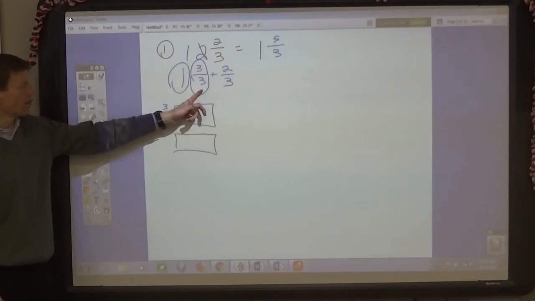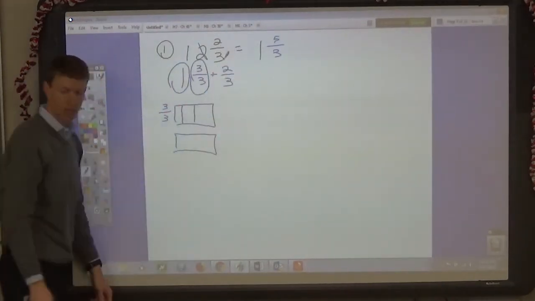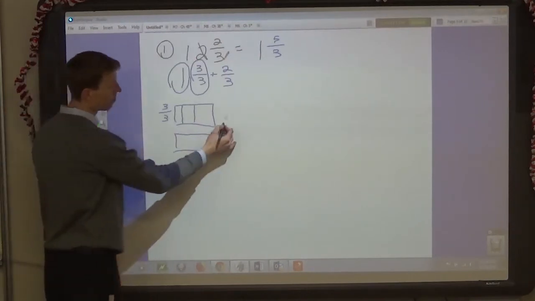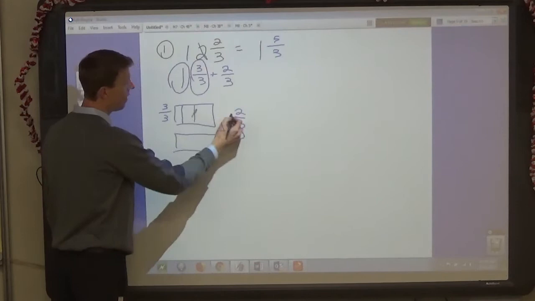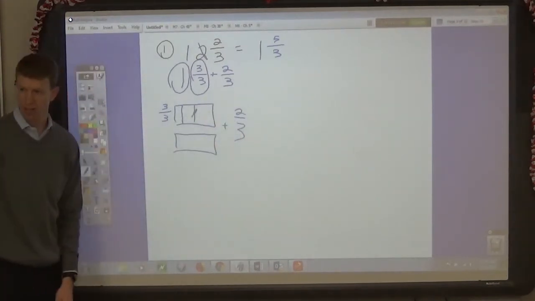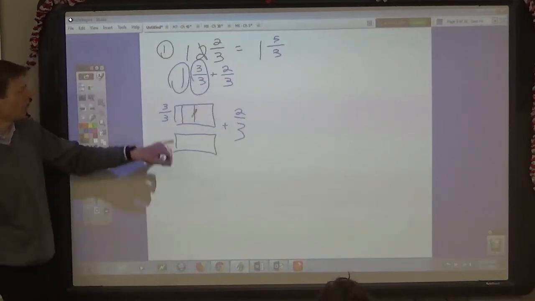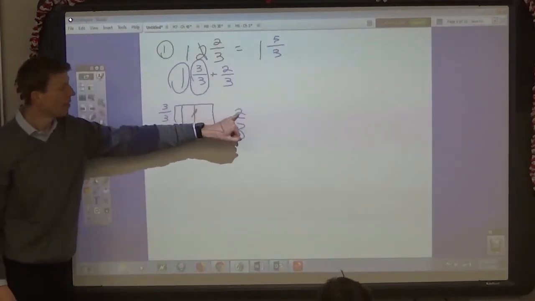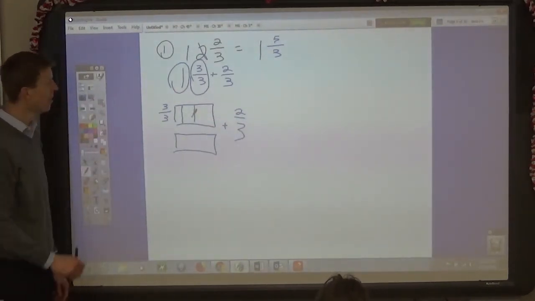That's what this says, 1 and 3/3. We still have 2/3. So plus 2/3, and that equals 1 and 5/3. That's how you rename it. See, count the pieces. 1, 2, 3, 4, 5. Okay?